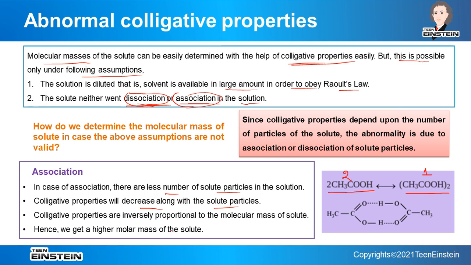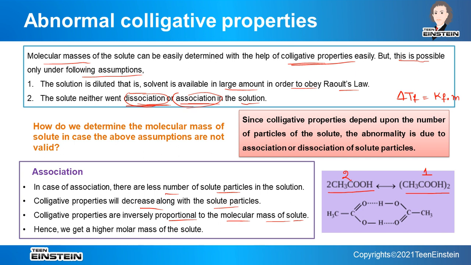Colligative properties are inversely proportional to the molecular mass of solute. You can easily understand that from the expression π = CRT, because in place of that, πV = nRT, and n is W by M. So πV = (W/M)RT. That means π is inversely proportional to M. Also, consider the equation ΔTf = Kf into molality.